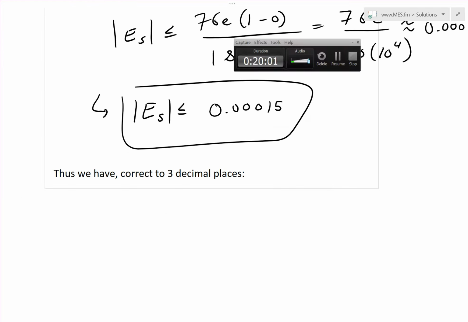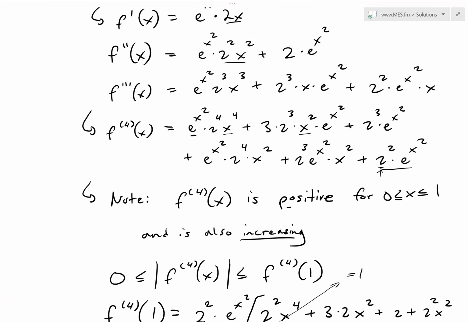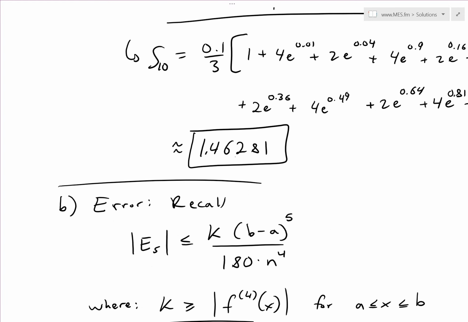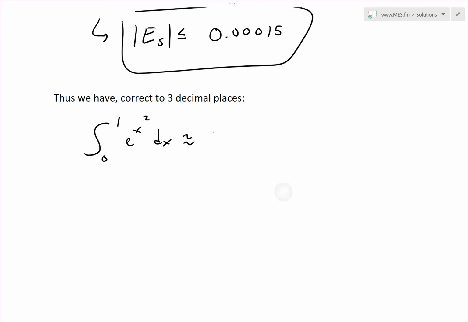Yeah, and thus what we have, basically what it means is we have corrected 3 decimal places because there's 0.00015. The integral from 0 to 1 of e to the x squared dx is roughly equal to, and then if you scroll back up, let's go back here, we had a bunch of decimal places here, so 146, and then rounded up 3. Yeah, so we rounded up, this is 1.463, like that.